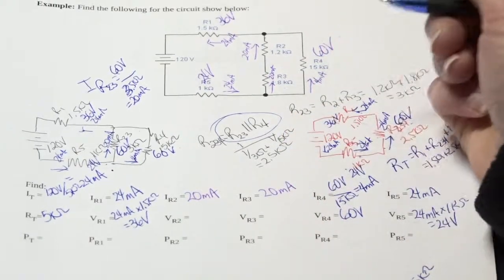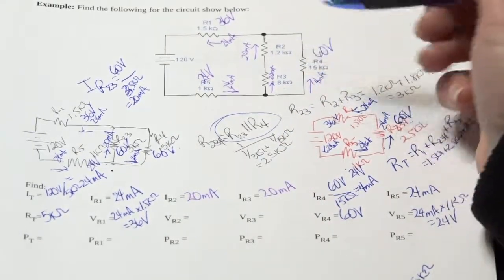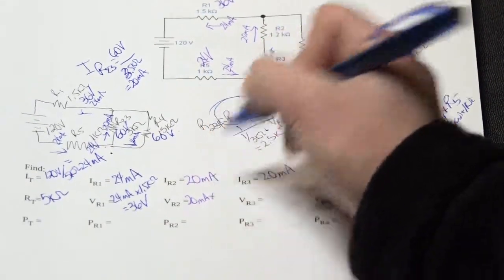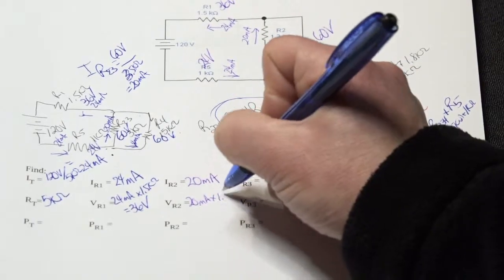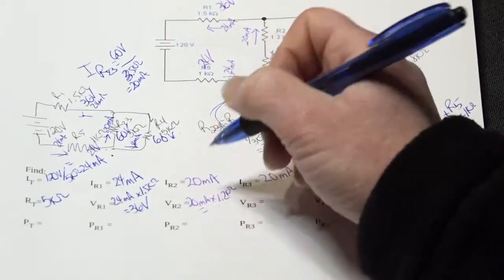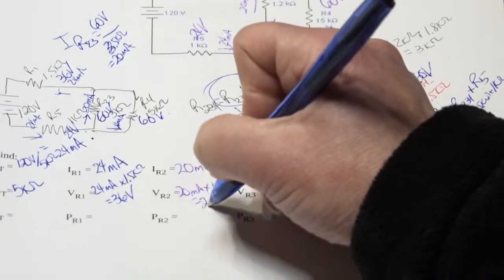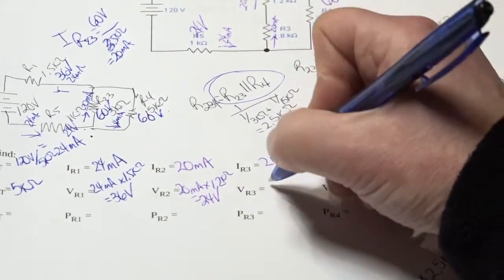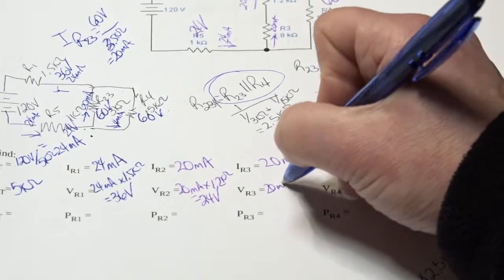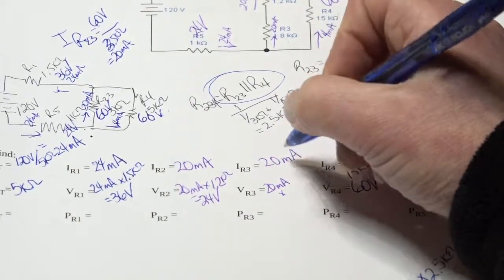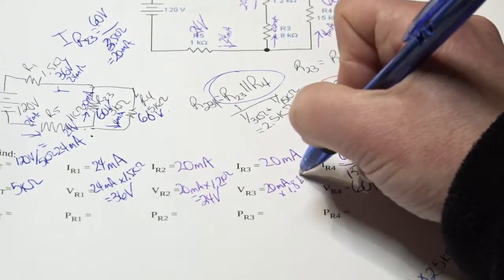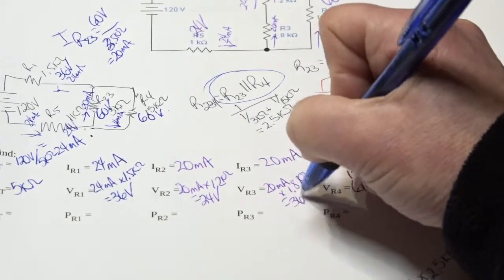we can apply Ohm's law to find the voltage for each one. So with R2, it's 20 milliamps times 1.2K, which gives us 24 volts, and the 1.8K, so we get 20 milliamps times 1.8K, which gives us 36 volts.